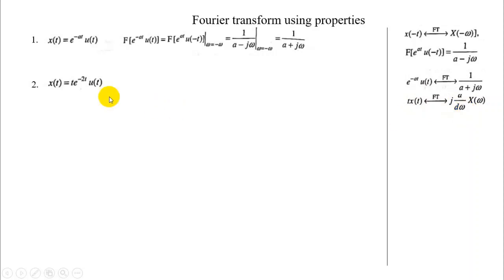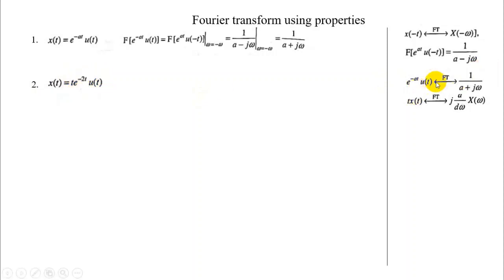And another thing is e to the power minus at into u(t). If we think that this is a function or signal that we need to transform, the Fourier transform of this part is already known to us.